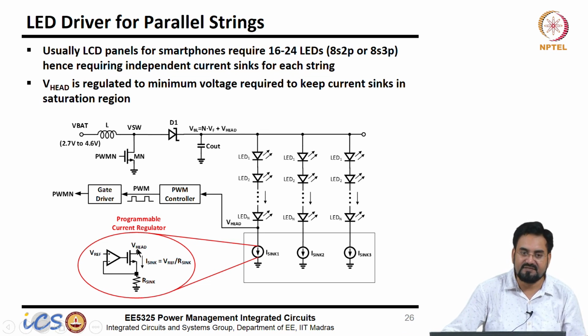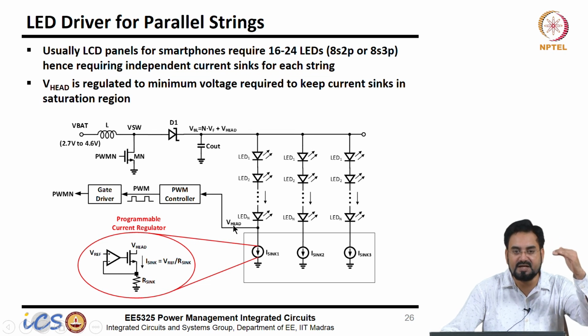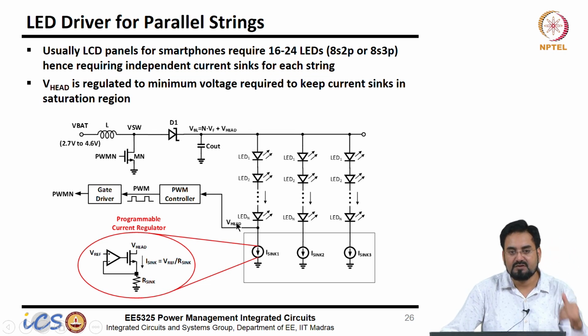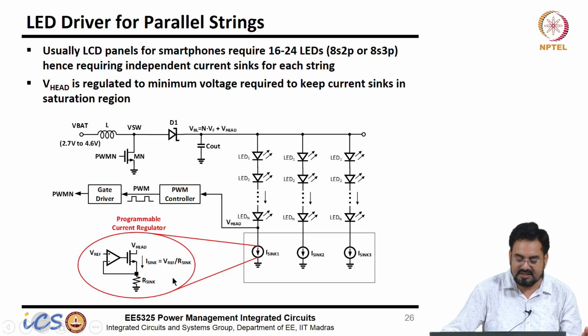So I know V head is 500 millivolt in the worst case, and I can keep this regulated at 500 millivolt. It will always make sure this voltage is boosted to a level where V head is stopped at 500 millivolt. It will never allow it to go above that, so I can keep the dropout voltage minimum and achieve higher efficiency. No matter how many LEDs you use, it will take care of that.